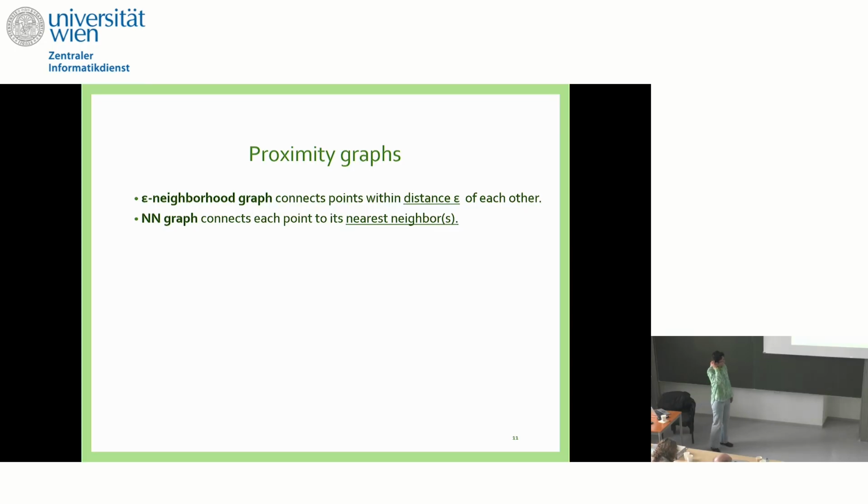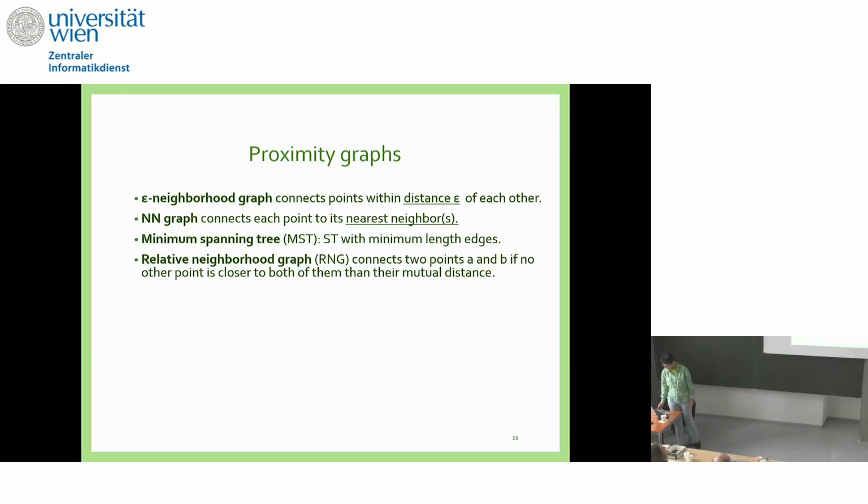You will connect each point to its nearest neighbor. This is another definition. This is what you all know about minimum spanning tree, which is also a notion of proximity graph that would give us the spanning tree over your point set that would have the minimum sum of lengths of the corresponding edges. And another one, relative neighborhood graph.